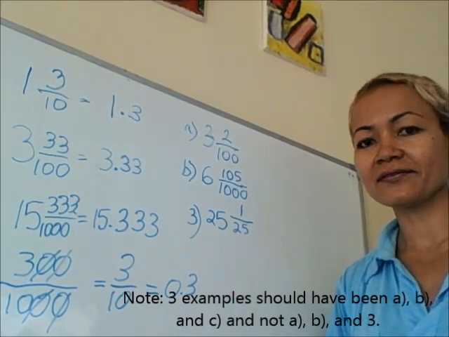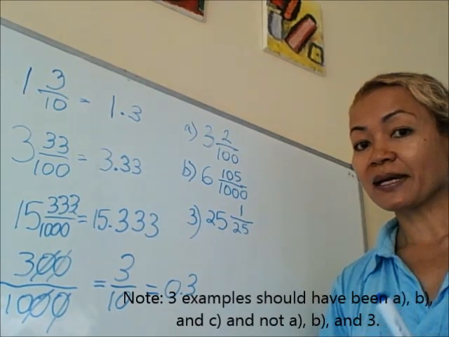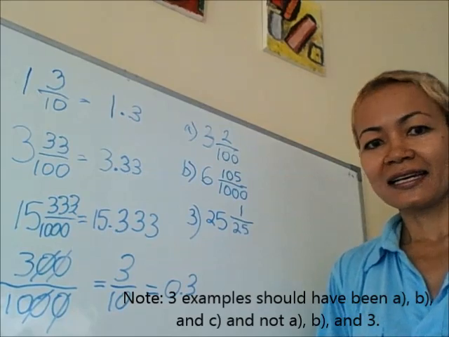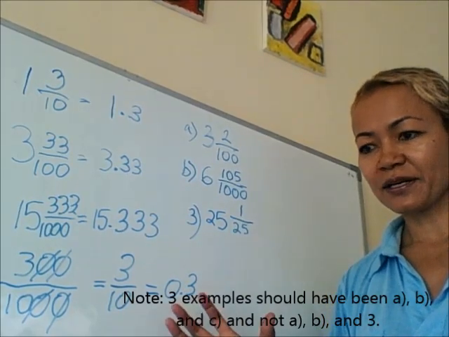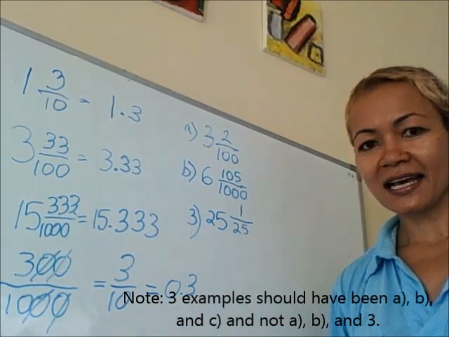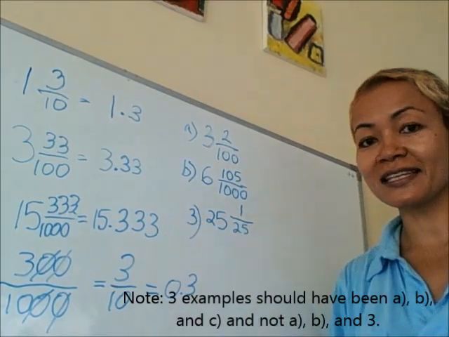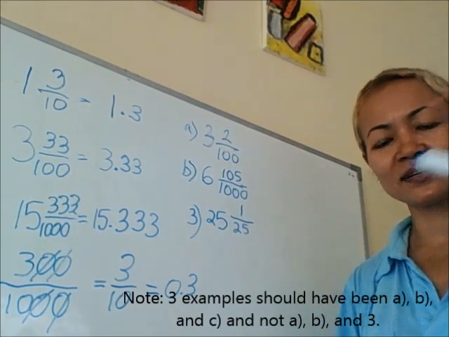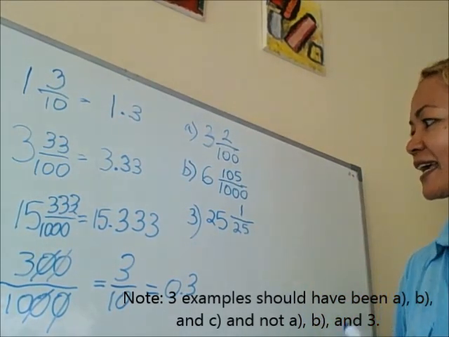Now 25, you can multiply it by 4 to get 100, because 25 times 4 is equal to 100. An easy way to think about it is you have 100, halve it, becomes 2 sets of 50, you halve each set of 50, becomes 25. 25, 25, 25, 25.